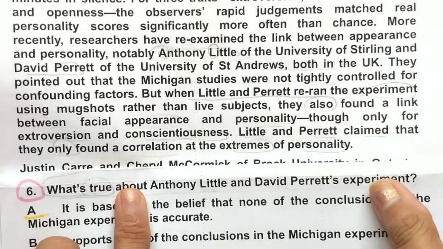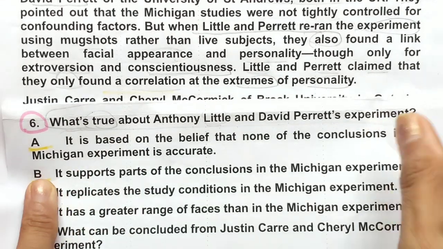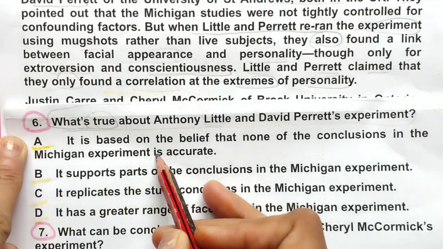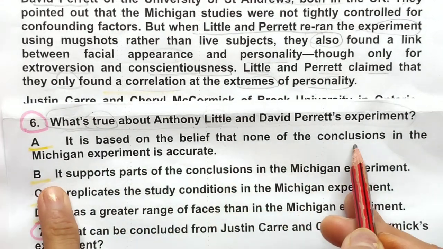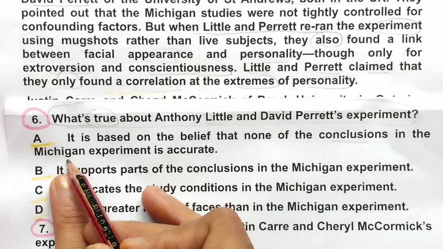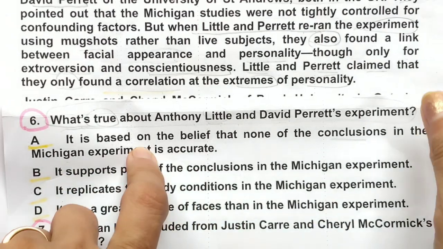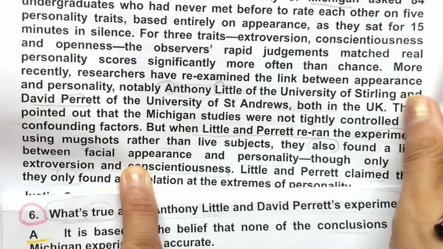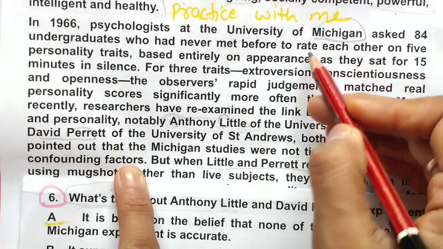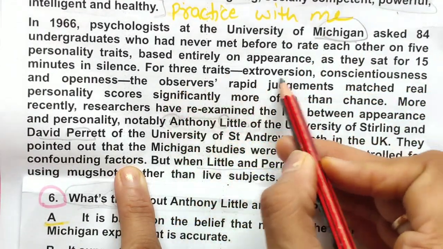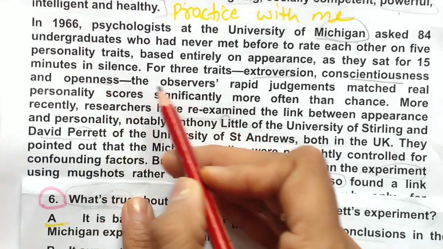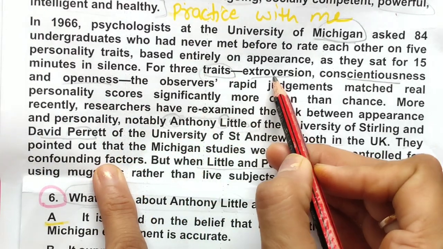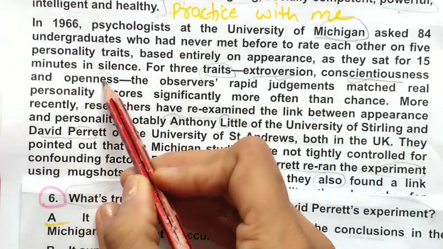Now let's look at the options that we have been given. It is based on the belief that none of the conclusions in the Michigan experiment is accurate. So Michigan experiment, in this first paragraph, in Michigan there were 3 traits: extroversion, conscience and openness.